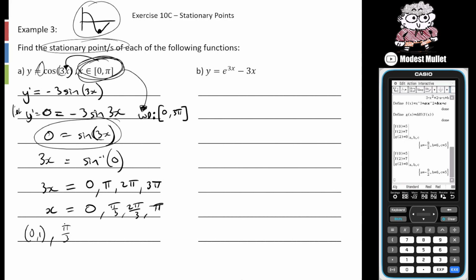So we get pi on 3, negative 1. And then we go back to a maximum, so 2 pi on 3, positive 1. And then pi, negative 1, back to a minimum.